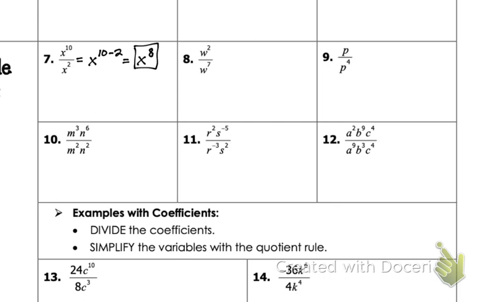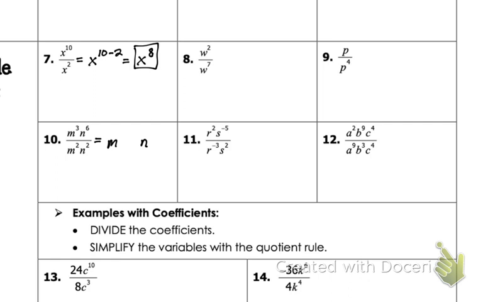Let's go down. Let's do number 10 together. Now remember, you can only divide like bases. See how we have the m's and the n's? We have like bases. So my answer better have an m and an n in it. What am I putting the power of m to? 3 minus 2.